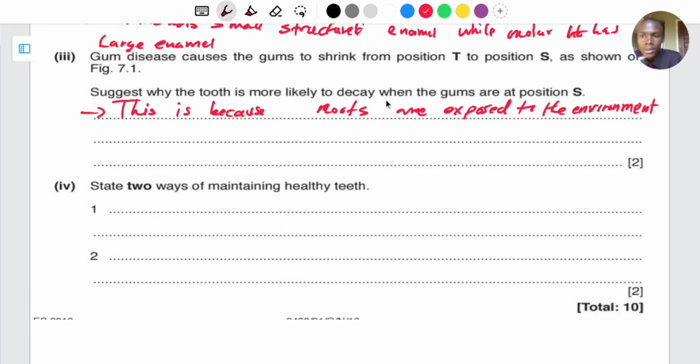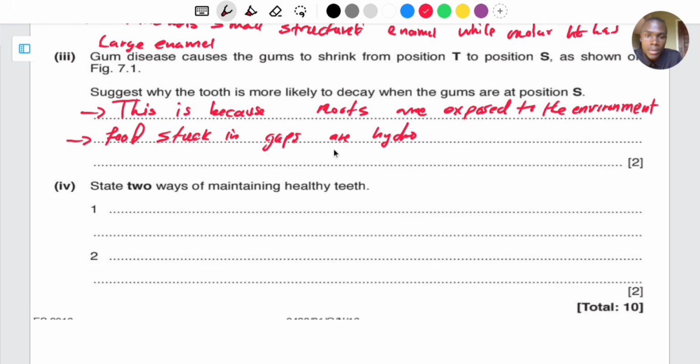Okay, so we're going to say food stuck in gaps is hydrolyzed by bacteria, or let me say not bacteria but bacterium.